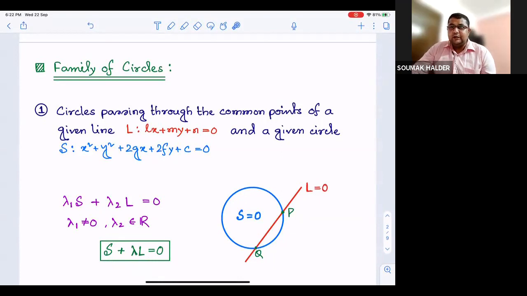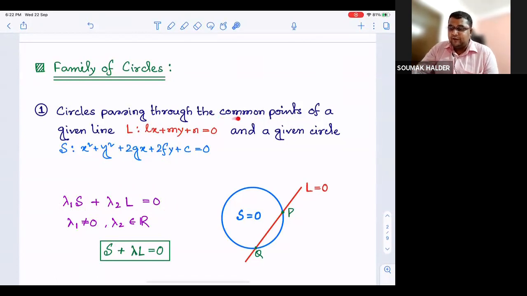Now look here, in the process of description, have we ever used that there were two common points? Or even a single point of contact will do this job? Because all we wanted is such an algebraic association which will be true for the common point. So the association has never pointed out that there has to be two common points and it cannot be a point of contact.